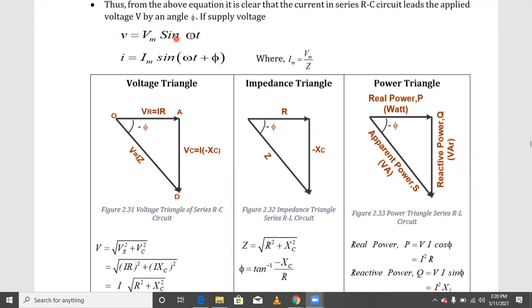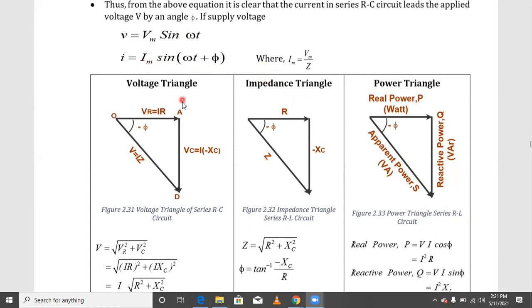V is equal to Vm sin omega t, and I is equal to Im sin(omega t plus 90 degrees) because the current is leading. Here Im is equal to Vm by Z. So current leads, voltage lags.